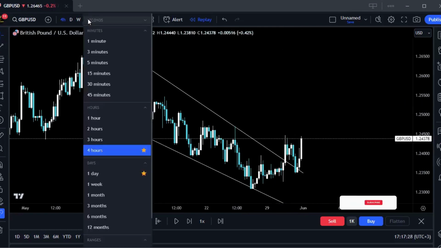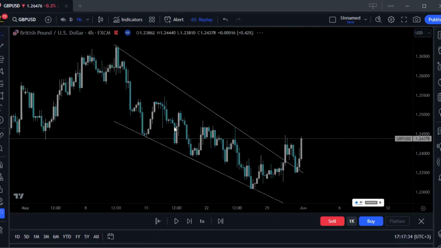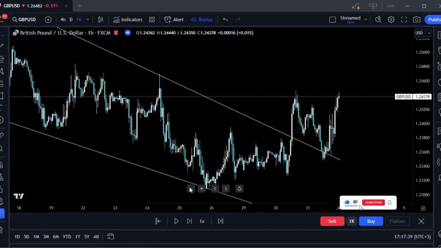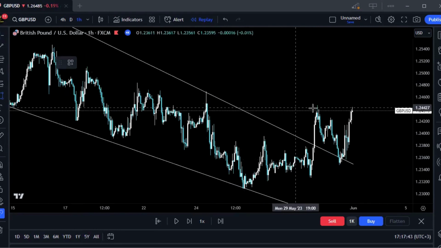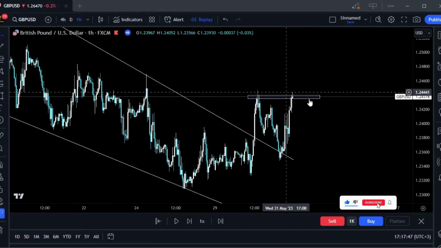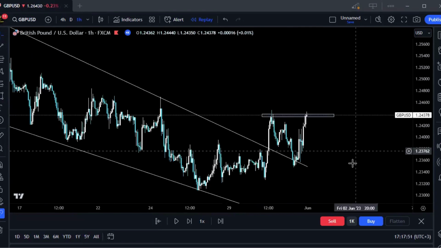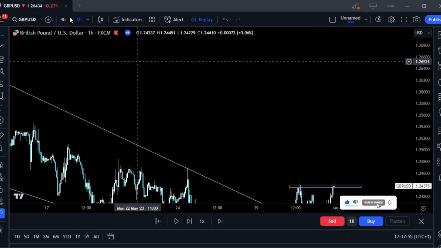Now from there, obviously you can go to the 1 hour because you already have a confirmation on the daily and the 4 hours. So on the 1 hour, you just need to look for entry confirmations. So I can cover the most recent high like that, and then should prices break above here and give me a retest, I should be looking for entry trades where the targets are.